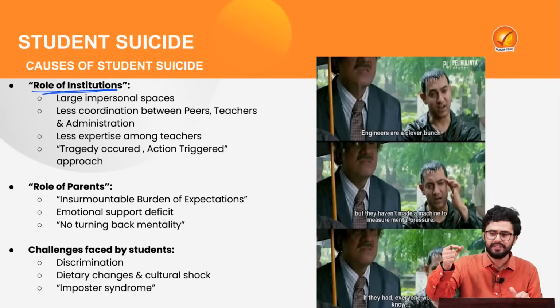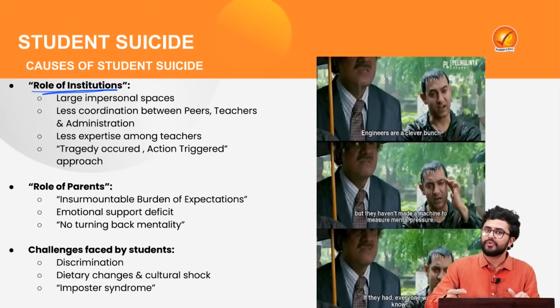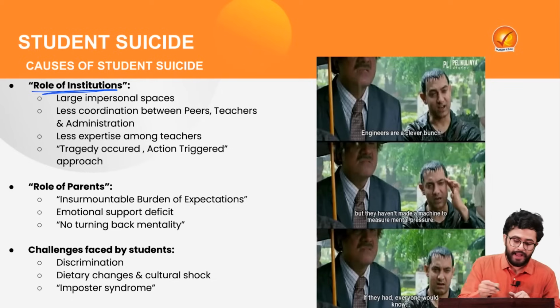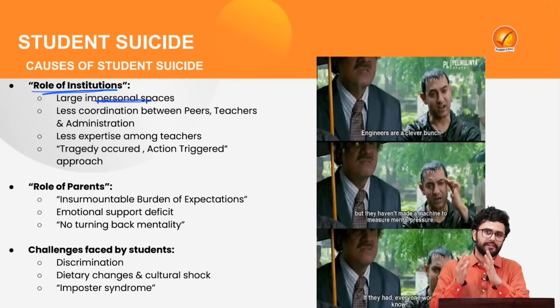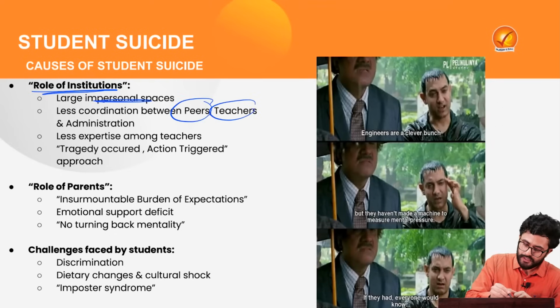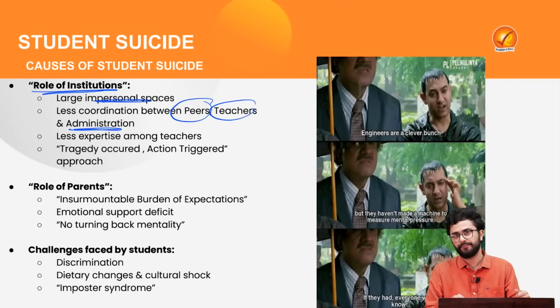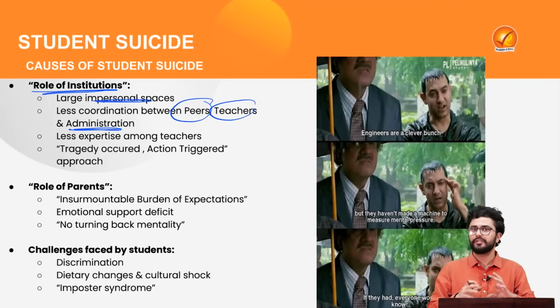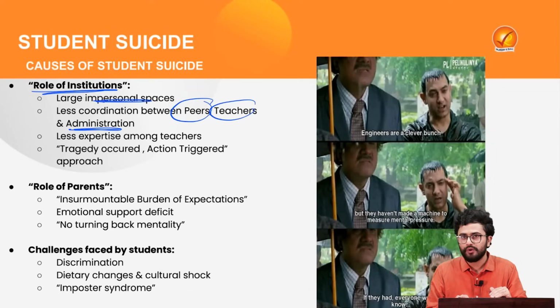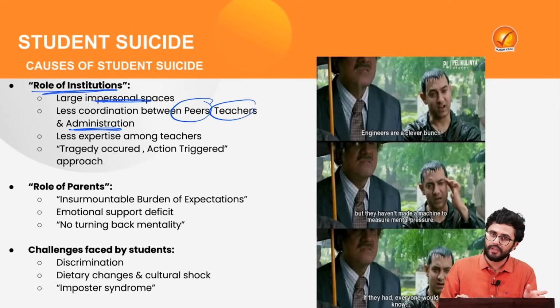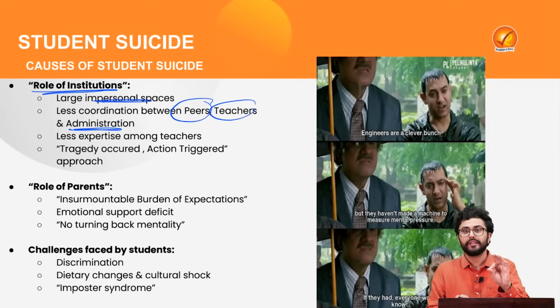Institutions such as schools, colleges, coaching institutions, all of which act as large impersonal spaces, where there exists less coordination between peers, teachers and administration, where the student is completely told to participate in this throat-cut competition, to do the labor work for hours, let's say 8 hours of school followed by 5 hours of coaching, then 2 or 3 hours of self-study, ultimately deteriorating that person's self-confidence and self-esteem.